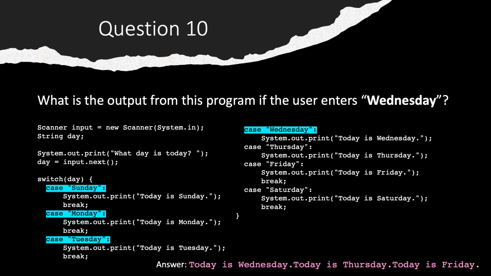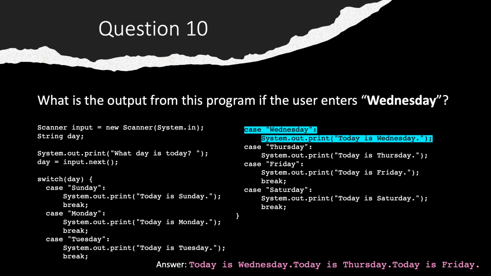Case Wednesday is equal to the user's input, so it will execute the statement within this case. Within the Wednesday case, it has System.out.print "today is Wednesday", so it will display that sentence.